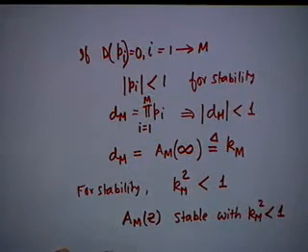All right. Let us suppose now we are entering into a proof, and therefore we shall introduce induction, all kinds of reasoning. Let us suppose that A_m(z) is stable with k_m squared less than 1. The next step is to find a lower order all pass, order less by 1, by using the relationship.